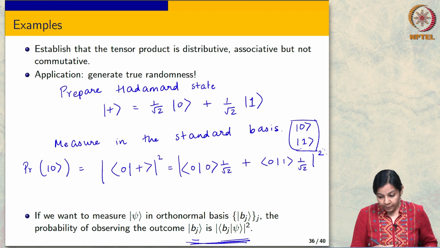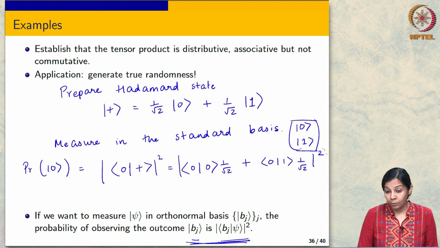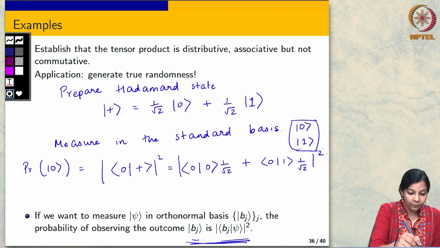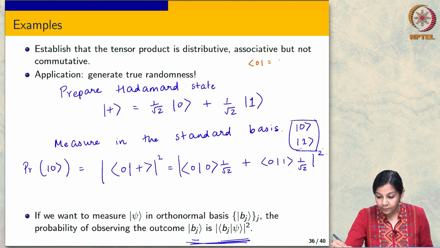Now because our basis is obviously orthonormal, what is the inner product of 0 and 1? I hope that this is immediately clear, but maybe I'll still write it. This is (1 0) and this is (0 1).